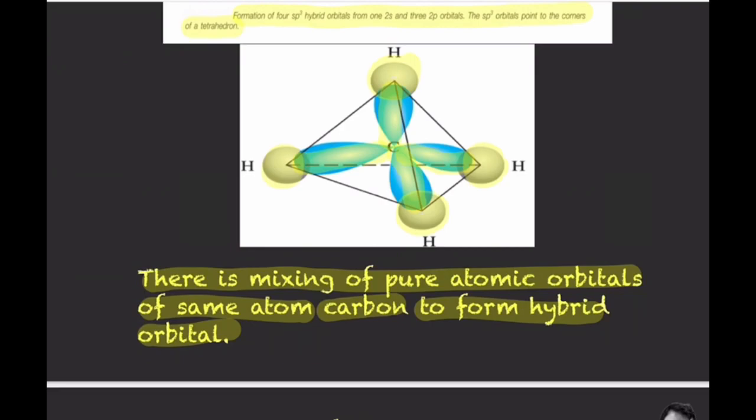Like if a hydrogen molecule is forming, then there is a linear combination of the 1s orbital of one hydrogen atom and the 1s orbital of another hydrogen atom, and because of that there is formation of two molecular orbitals. But here the same atom is giving its atomic orbitals for intermixing in order to form hybrid orbitals.